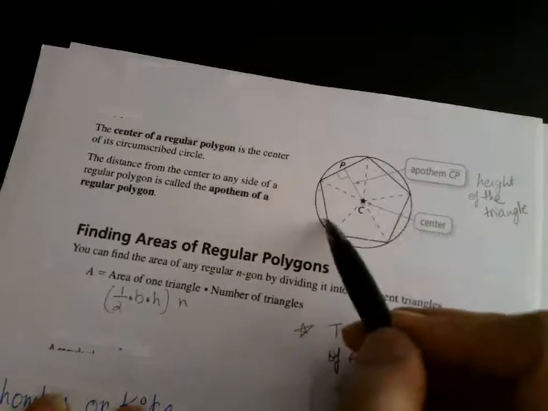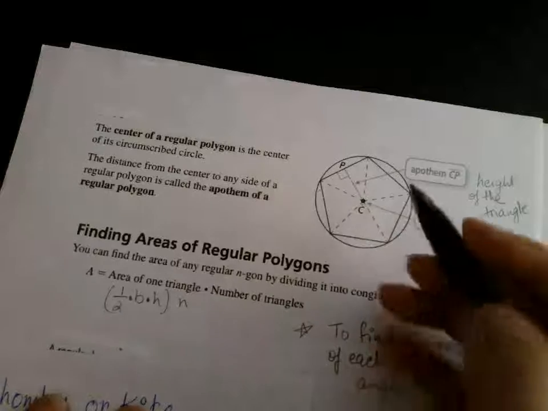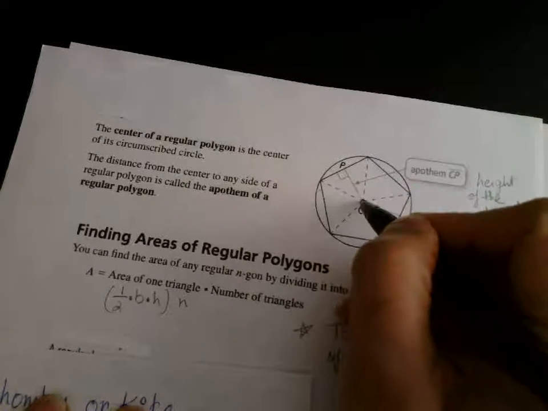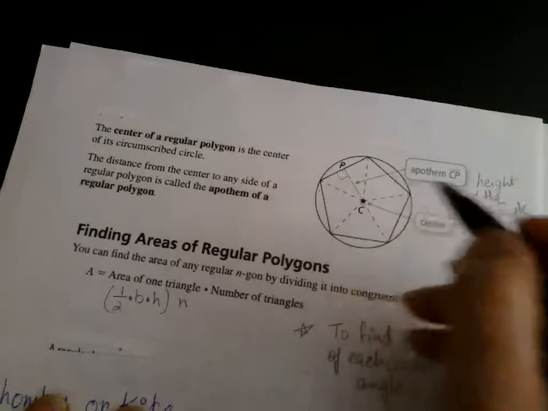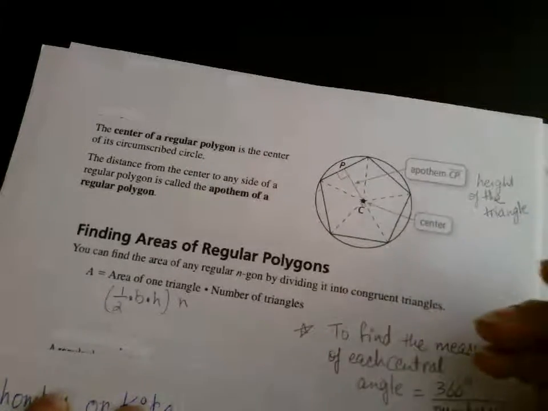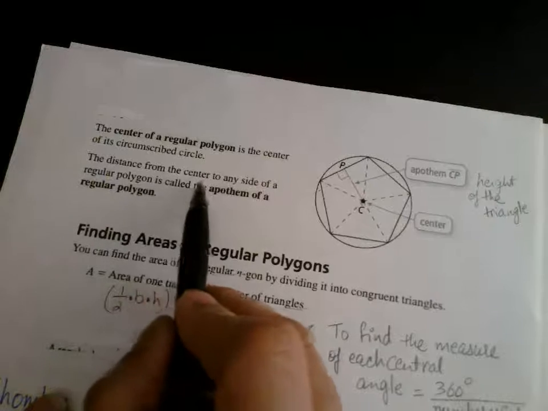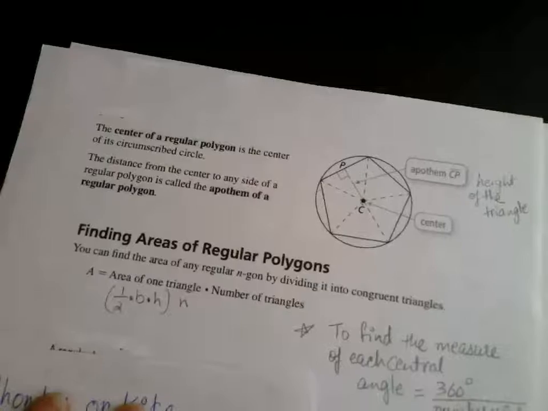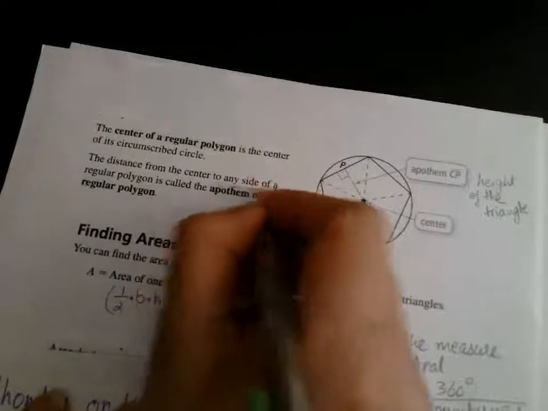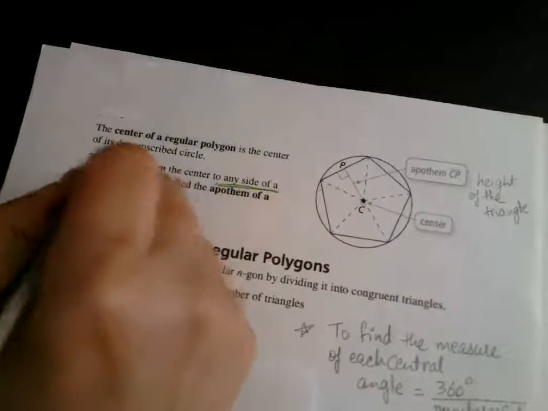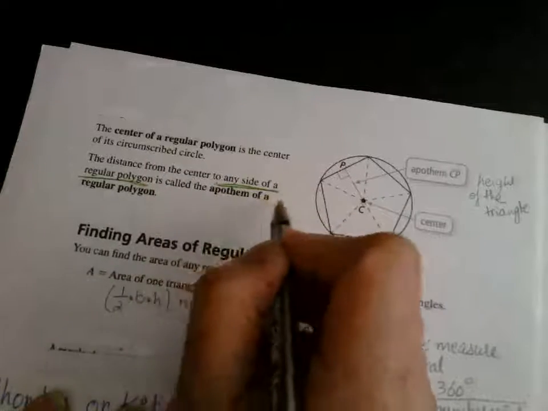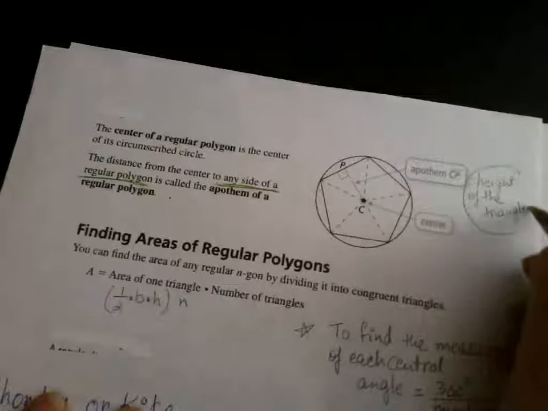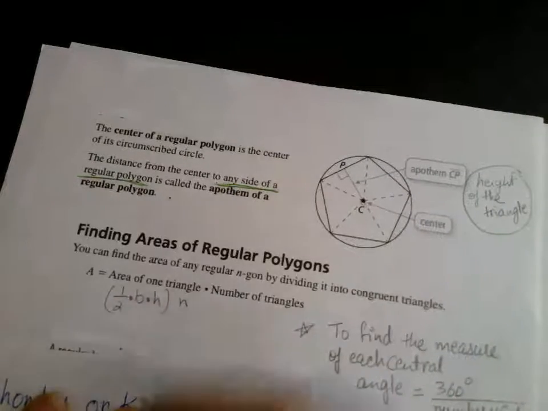From the center to the base of the polygon, 1, 2, 3, 4, 5, this is a pentagon. So 5 sides. From the center to the base of the polygon is nothing but height, but the fancy name is apothem. The distance from the center to any side of a regular polygon is called the apothem of a regular polygon. This is nothing but just the height of that given triangle.